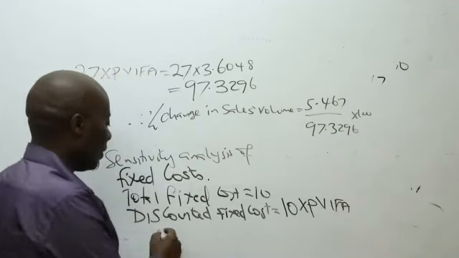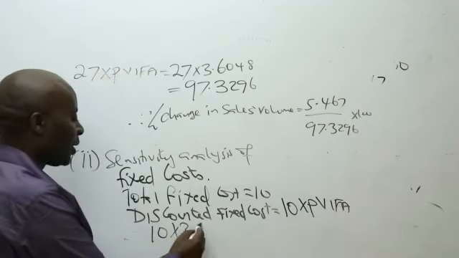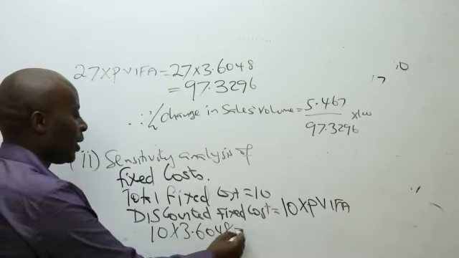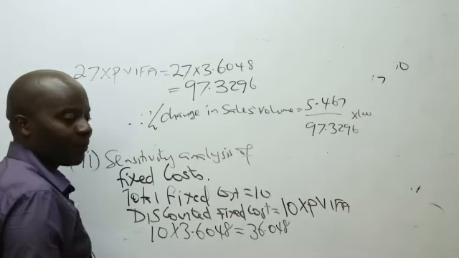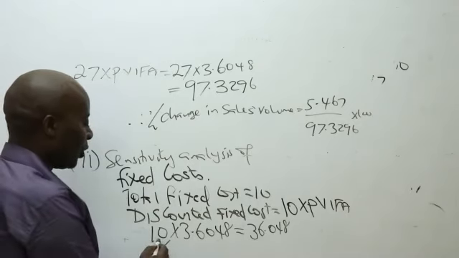So then this will be 10 times 3.6048, which will end up giving us 36.048.